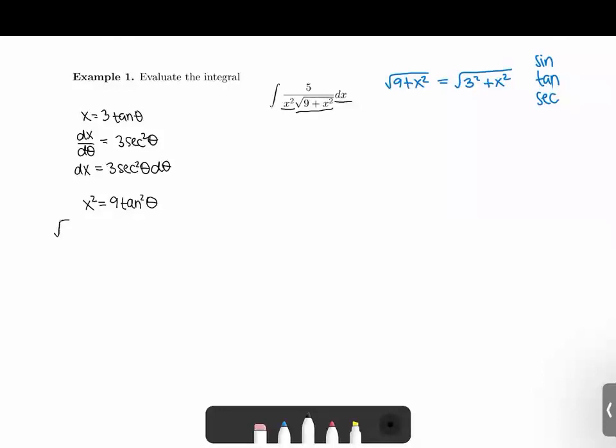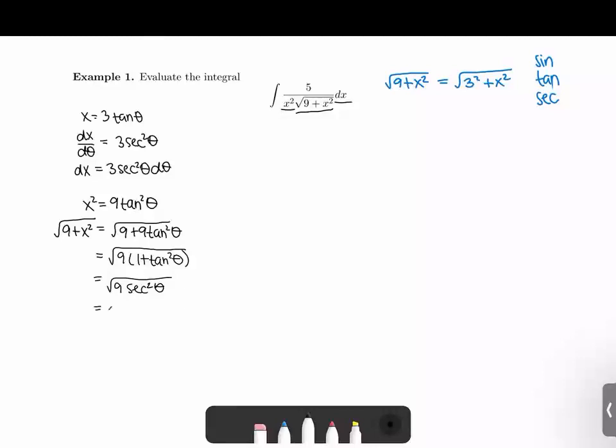The square root of 9 plus x squared is the square root of 9 plus 9 tangent squared theta. Just like we did in the last video, I simplify this square root by factoring out a 9. Using the Pythagorean identity, 1 plus tangent squared is secant squared, and then I can apply the square root to both of these terms.